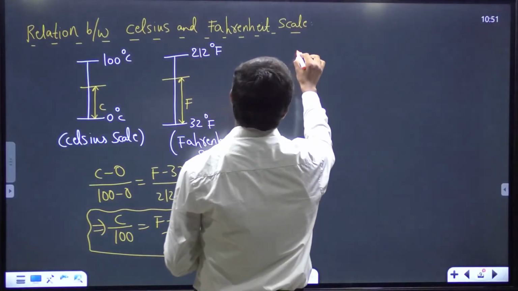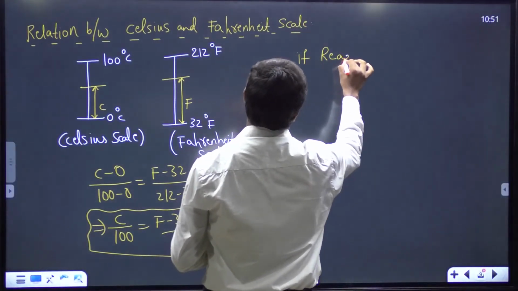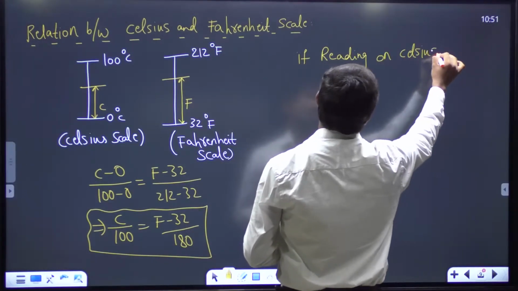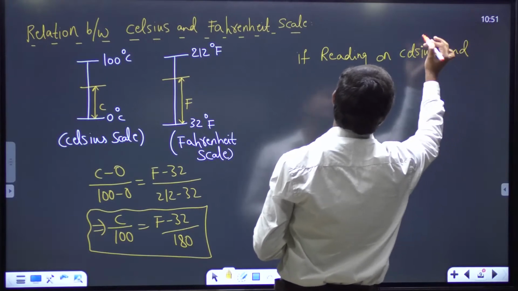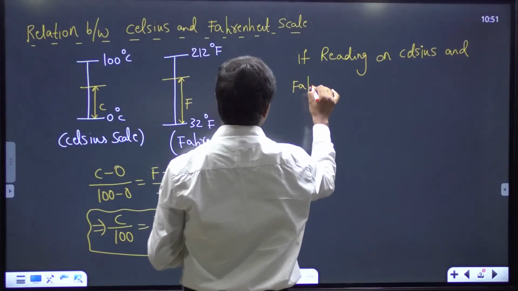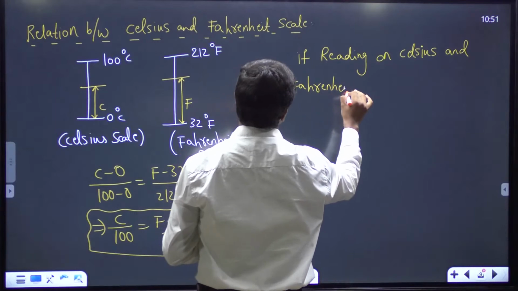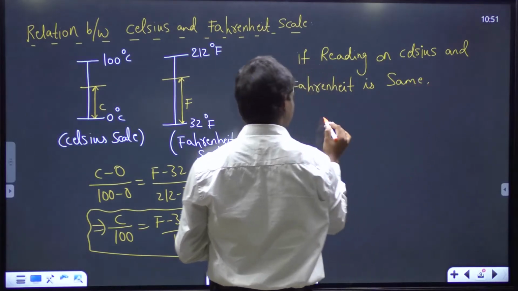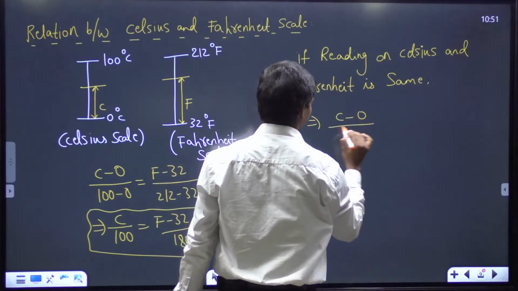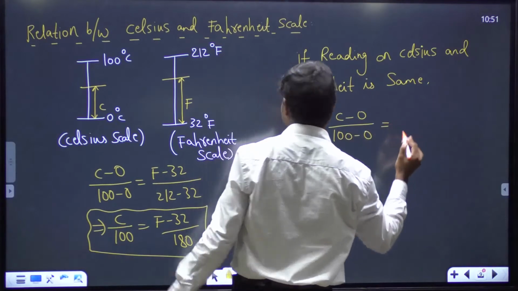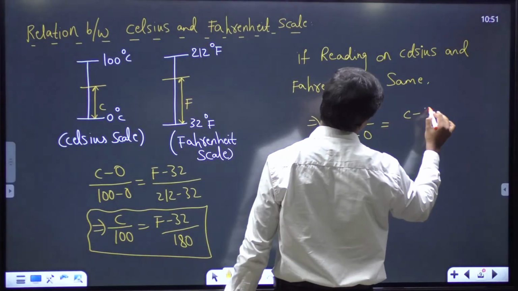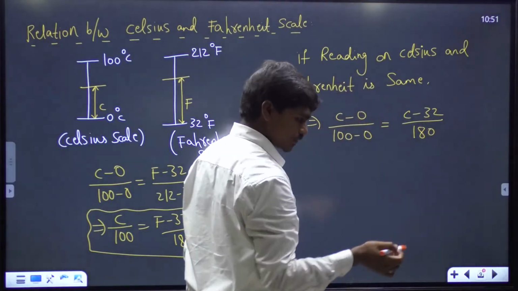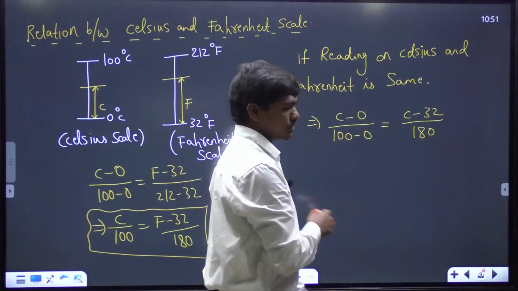Because if the reading on Celsius and Fahrenheit are the same, this implies C minus 0 by 100 minus 0 is equal to, if this is also showing the same reading, we can put C minus 32 by 180, which is 212 minus 32, correct, minus 40, correct.